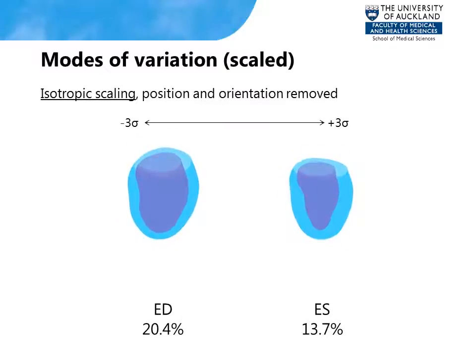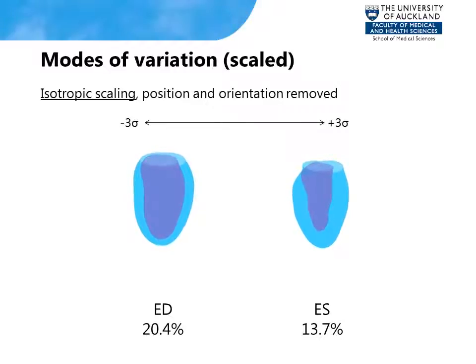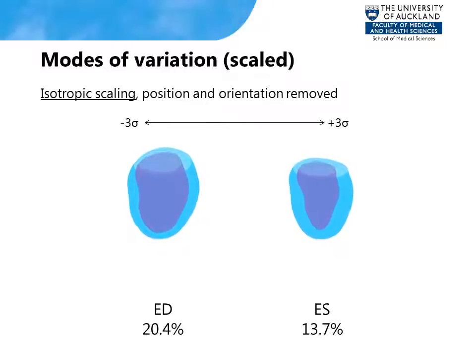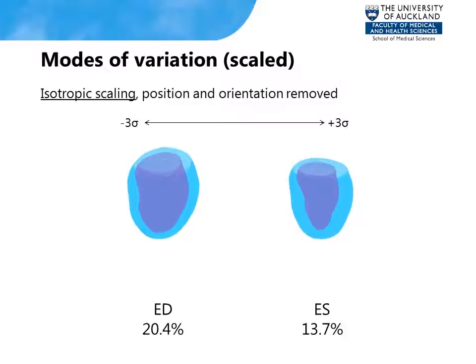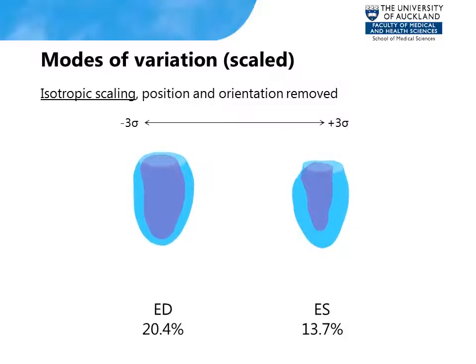If we, however, remove scaling, the second mode of variation at end diastole and end systole is, like in our previous example, a sphericity. This component explains how much a heart resembles a rugby ball or a soccer ball.